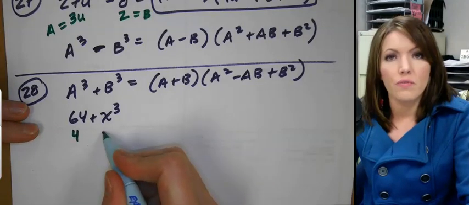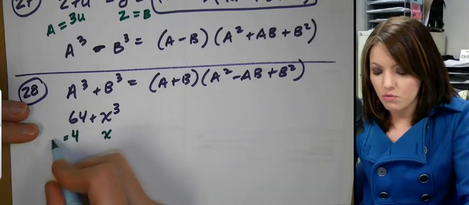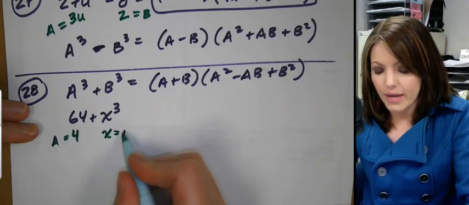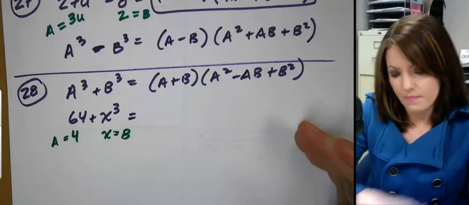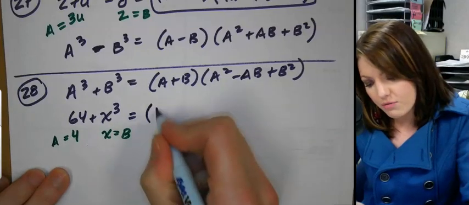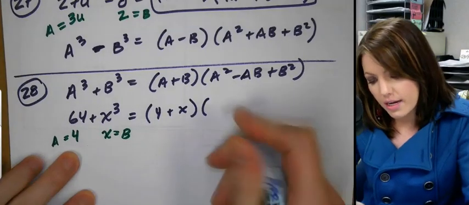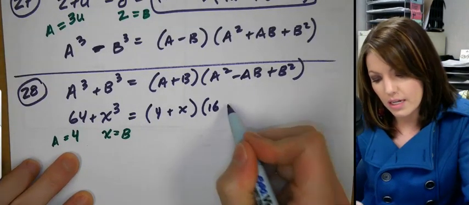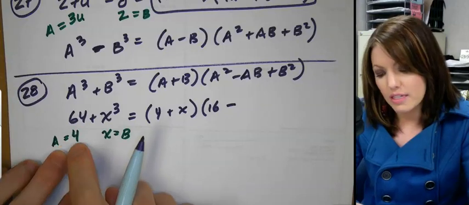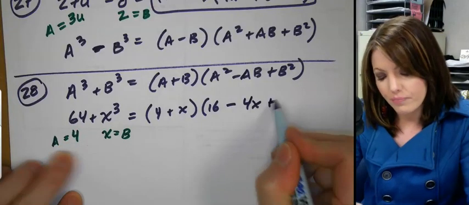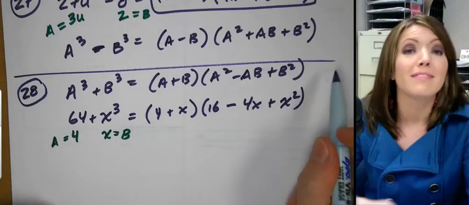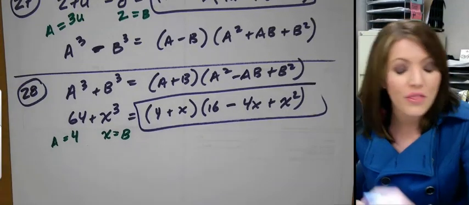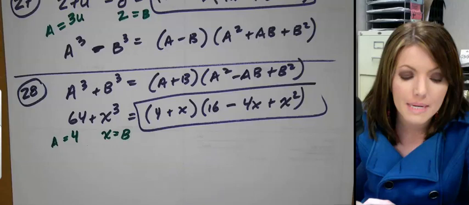The cubic root of x cubed is x. So 4 we're plugging in for a, and x we're plugging in for b in our formula. So we end up getting 4 plus x times 4 squared is 16, minus a times b is 4 times x or 4x, b squared is x squared. Okay, so that would be B.